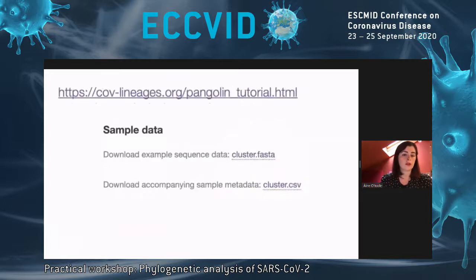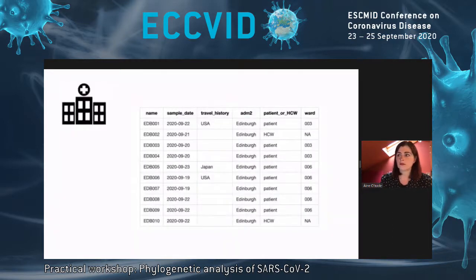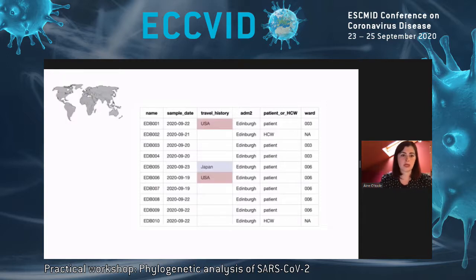Again, we've got a sample data set. For the actual practical part, you only need the FASTA file, but I'm going to talk you through the CSV file, which has some sample metadata, as you'd have in a spreadsheet based on your samples. For instance, if you have a set of 10 samples that you've sequenced, and there's an outbreak in a couple of wards in a hospital, you have limited information about where the individuals have been.